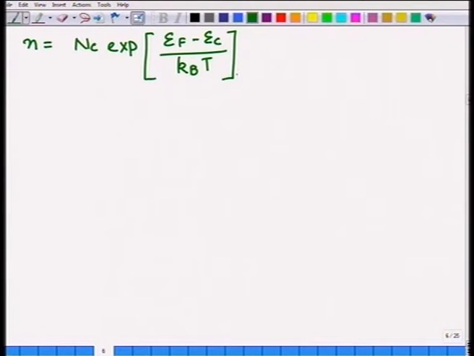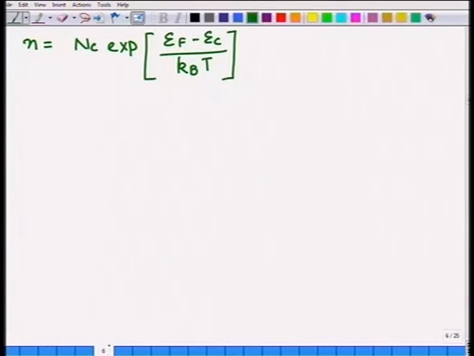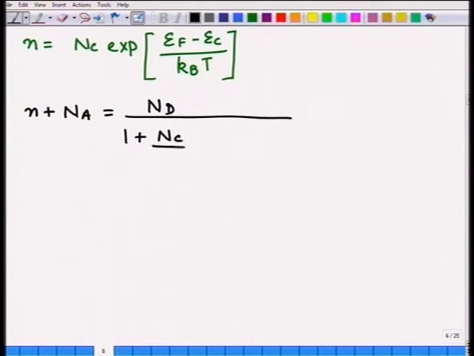Therefore, I will use this expression in here, and on the next page I will substitute this quantity by N divided by N_c, and accordingly I will write this expression as N plus N_a should be equal to N_d divided by 1 plus N_c divided by N e to power, let us see what that is.